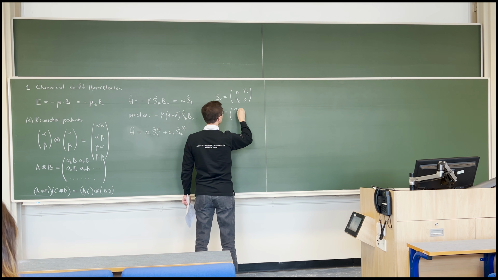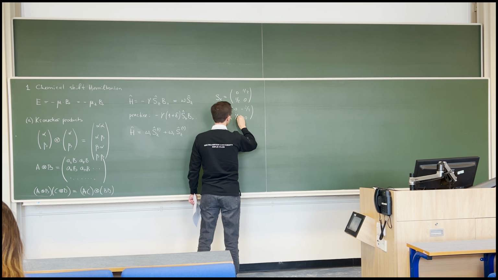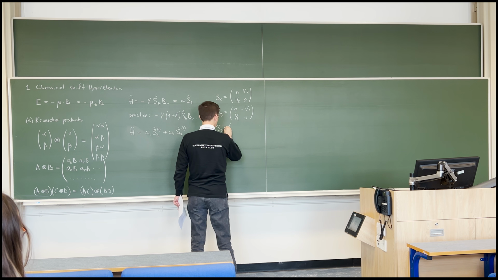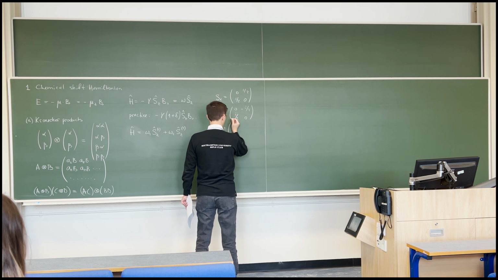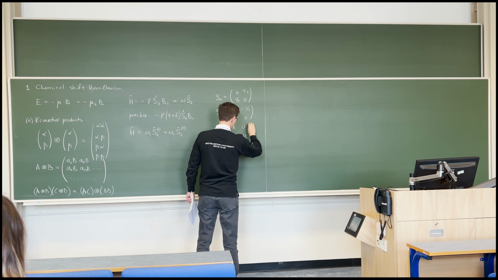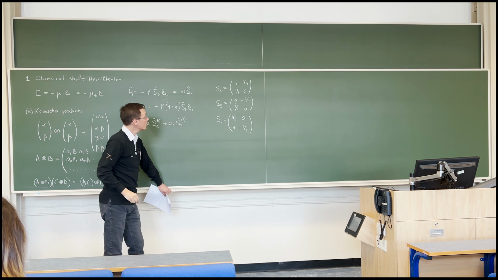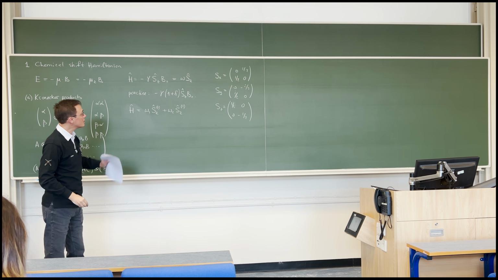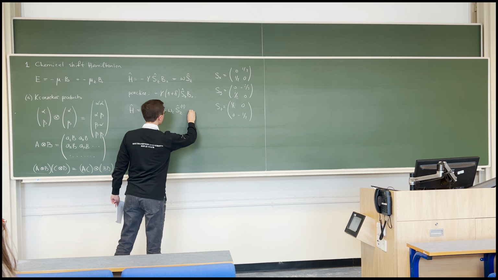Sy is 0, minus i over 2, i over 2, 0. And then Sz is 1/2, 0, 0, minus 1/2. Now these are Pauli matrices of a single spin, but these need to be selective.